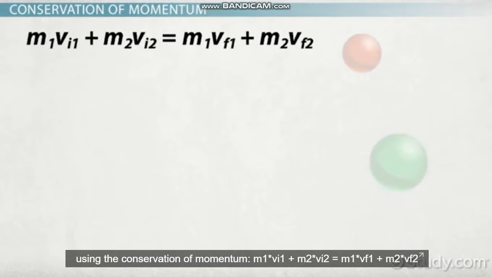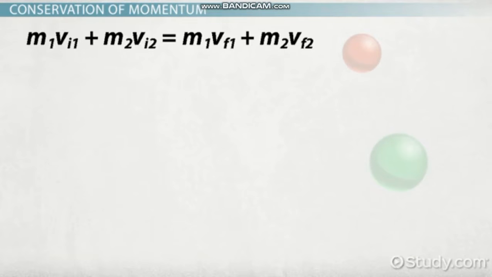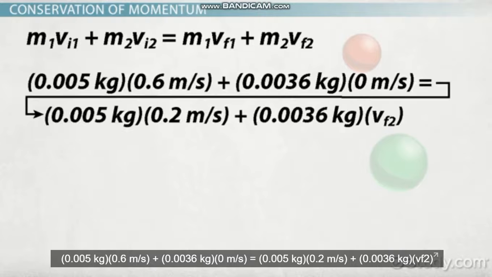M1 times V_I1 plus M2 times V_I2 equals M1 times V_F1 plus M2 times V_F2. 0.005 kilograms times 0.6 meters per second plus 0.0036 kilograms times 0 meters per second equals 0.005 kilograms times 0.2 meters per second plus 0.0036 kilograms times V_F2.